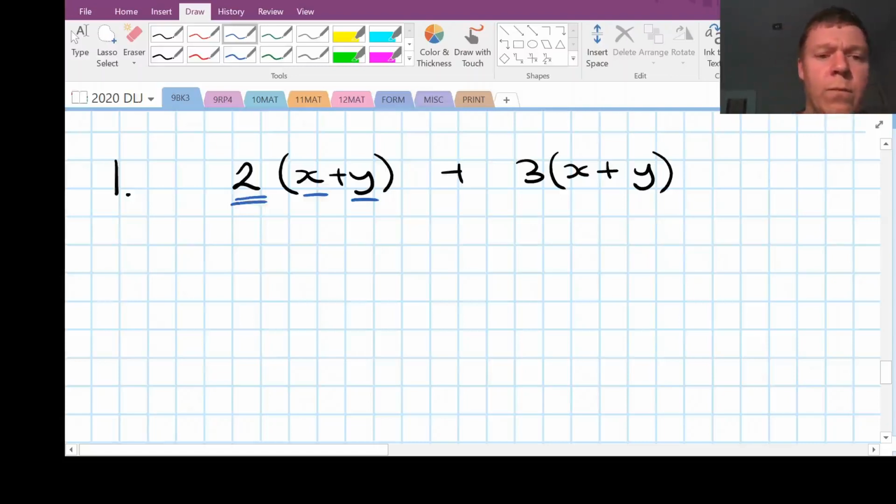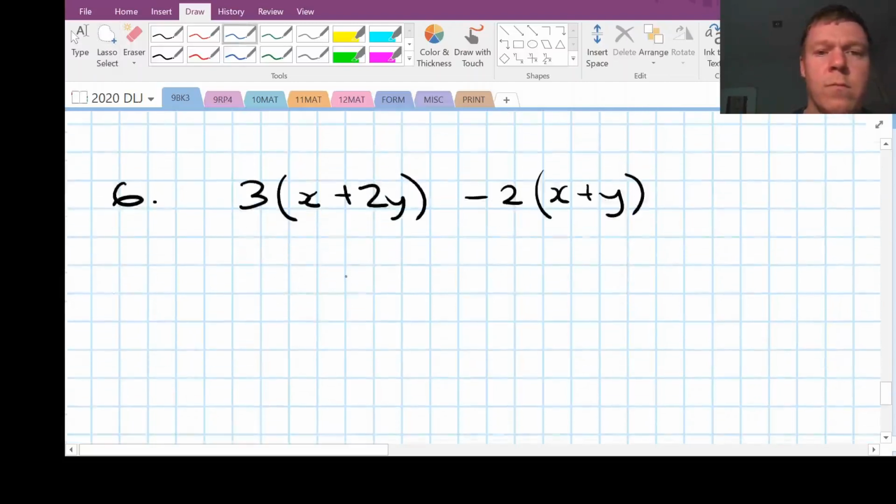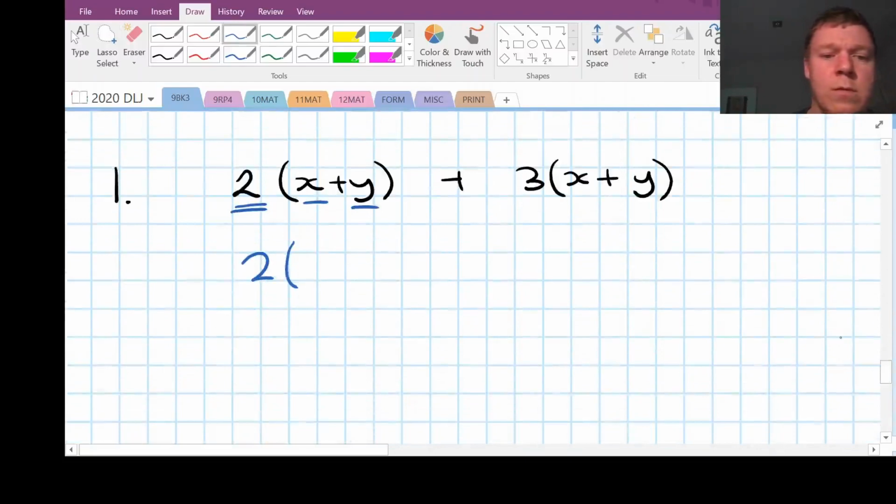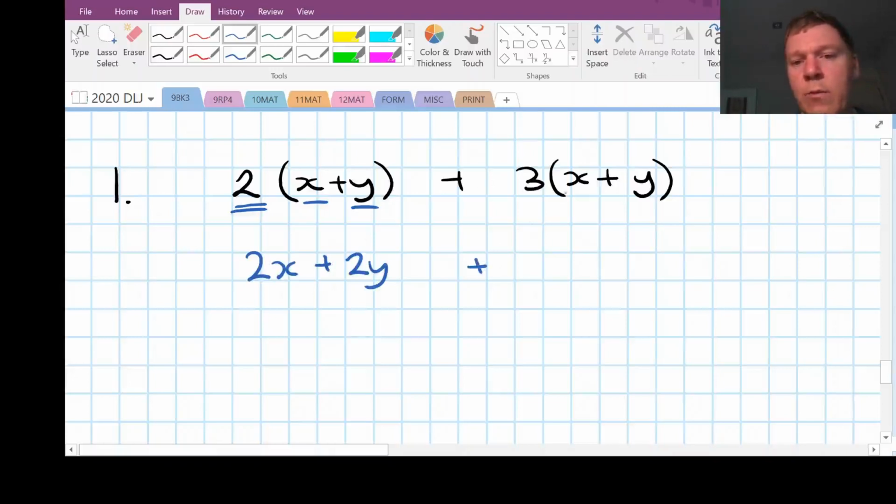So 2, whoops, I need to get quicker at undoing my mistakes. Okay, so 2 times x is 2x, 2 times y is 2y, and then over here we've got 3 times x, 3 times y, 3y.